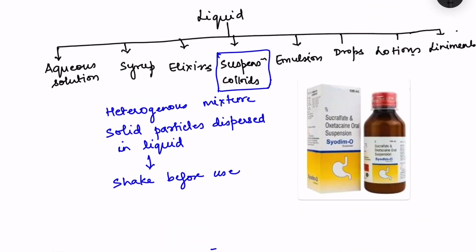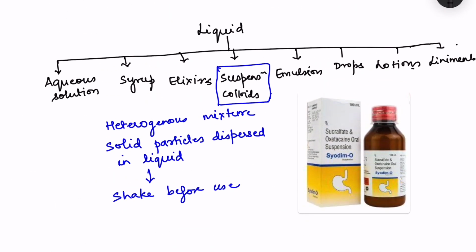Then we have suspension and colloids. As I told you before, suspension and emulsion are biphasic forms. In a suspension, we have solid particles of the drug which are dispersed in a liquid medium. Because it is not forming a homogeneous solution, the drug particles will settle down at the bottom.